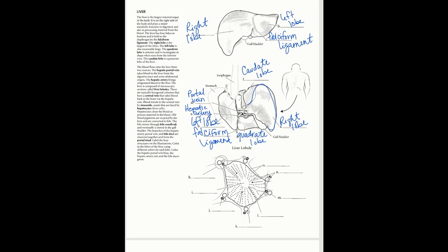And then for this bottom diagram, to be perfectly honest with you, I think it appears a bit confusing, so this is not something I'm going to hold you responsible for. I just want you to know that there are hepatocytes and liver cells in this area that are going to clean your blood. They're going to, I guess, filter out toxins.